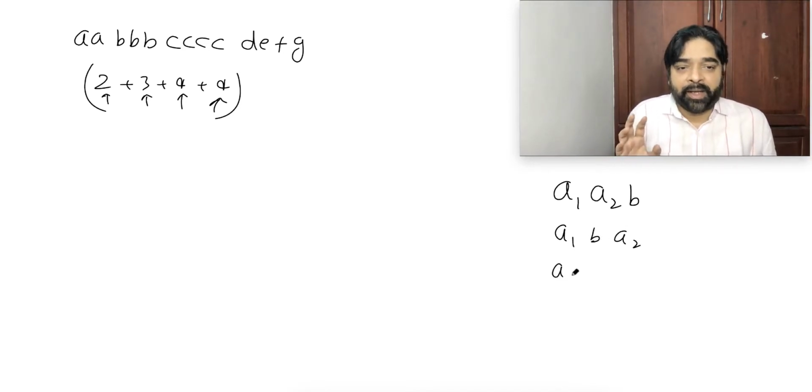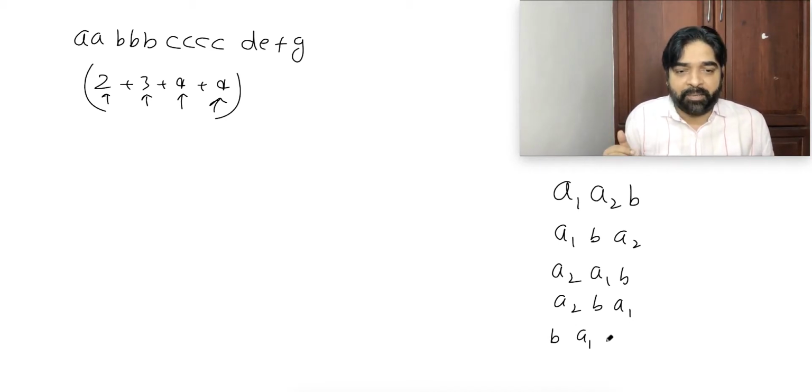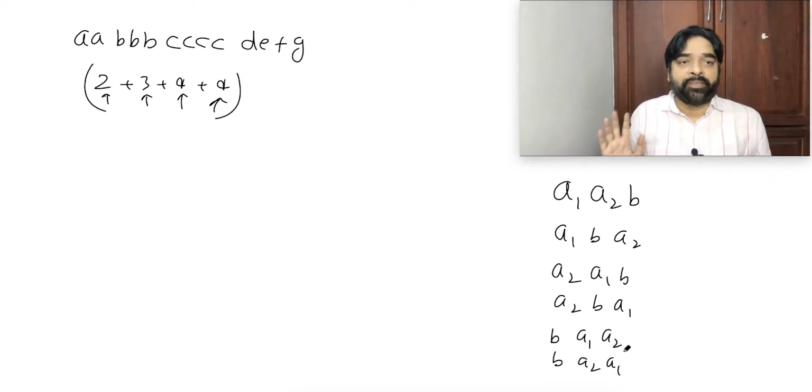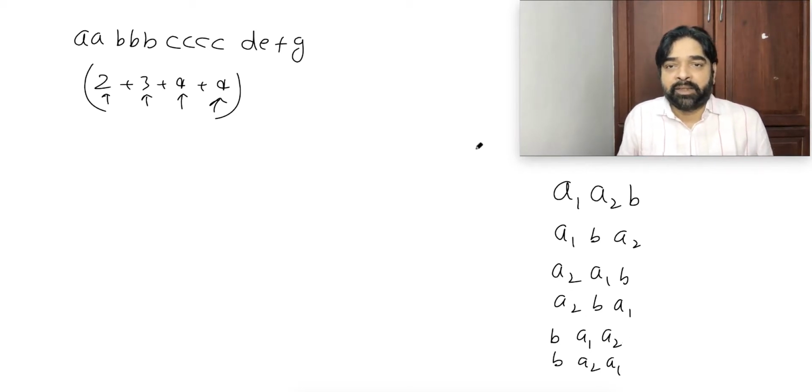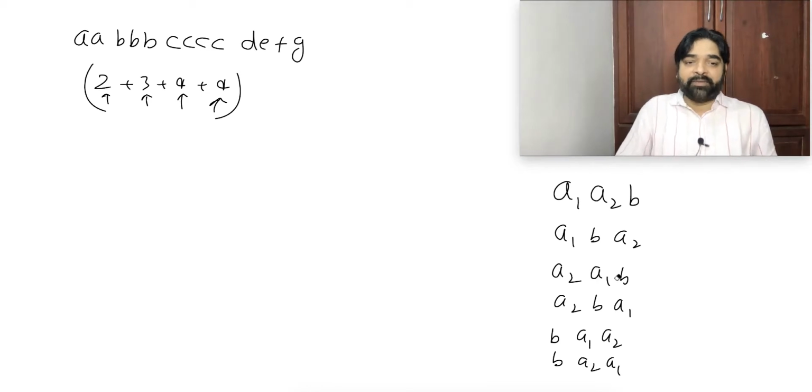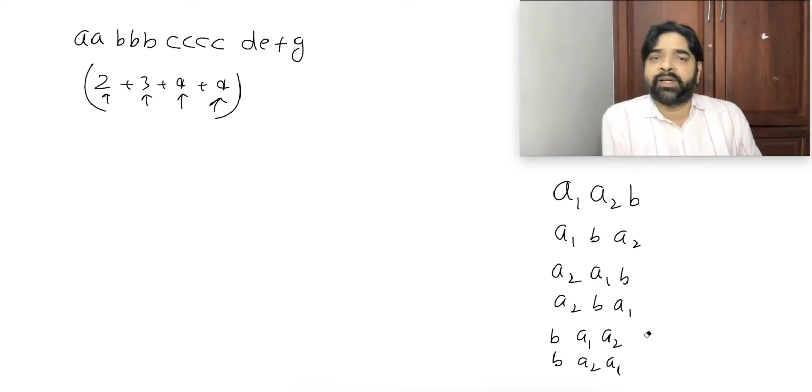Next, A2, A1, B. Next, A2, B, A1. Are you able to understand? Next, B, A1, A2. Next, B, A2, A1. Are you able to understand? Think what I did. All are different arrangements or not? Yes, all are different arrangements.